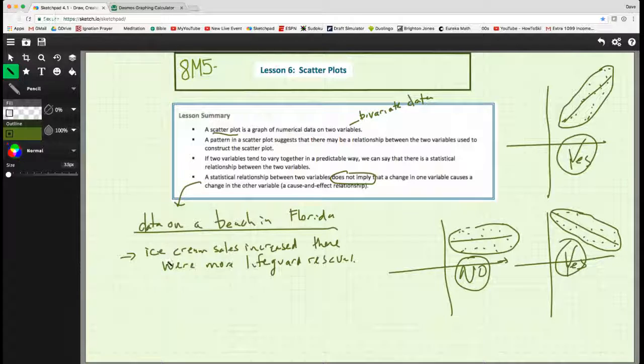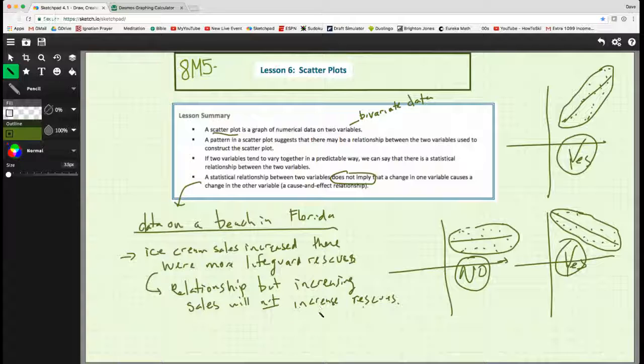So the question is, does this mean that if you sell more ice cream, that you're going to get more rescues? And the answer is this is clearly a relationship, but increasing sales will not increase rescues. In other words, if I start selling way more ice cream, I'm not going to get more increased rescues.